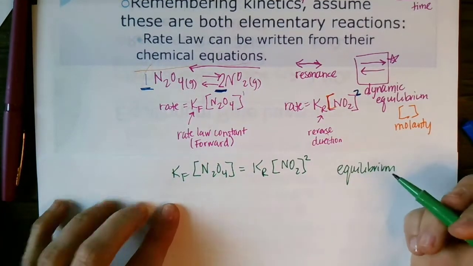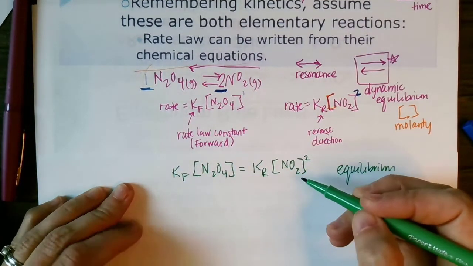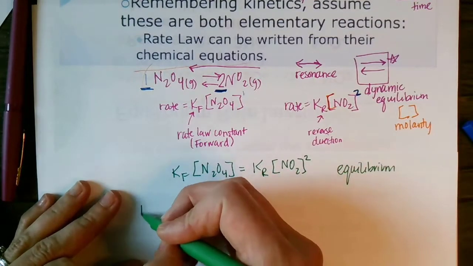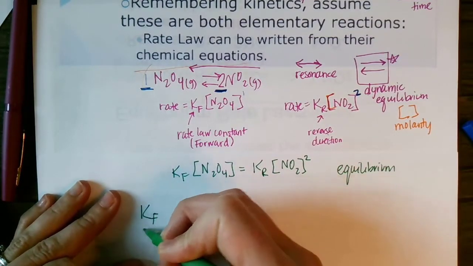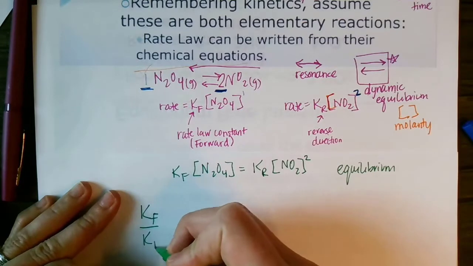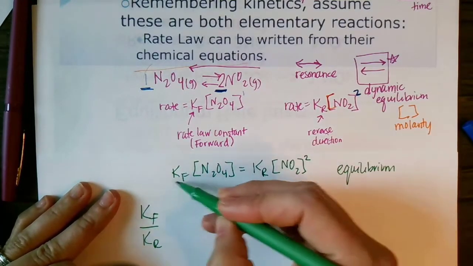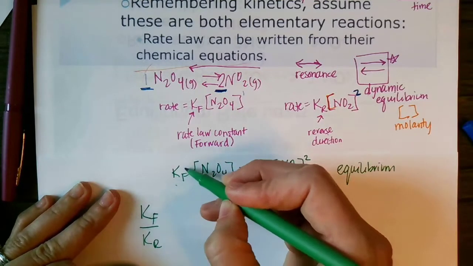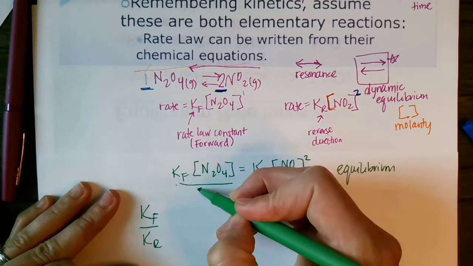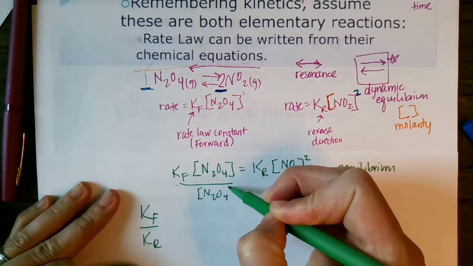I'd like to manipulate this equation here and get Kf over Kr, get my constants all together. To do that, I'm going to divide by N2O4 so I can have Kf all by itself.